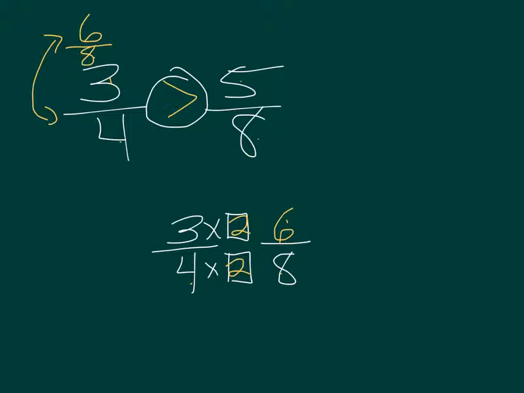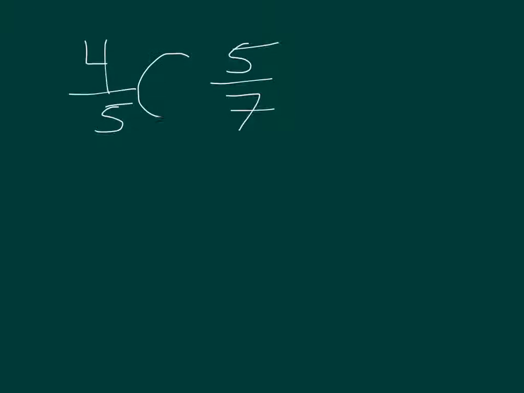Let's take a look at another fraction with unlike denominators and unlike numerators. Try 4/5 and 5/7. Again, we're going to use the same method we just used, but we have a different situation and problem here.